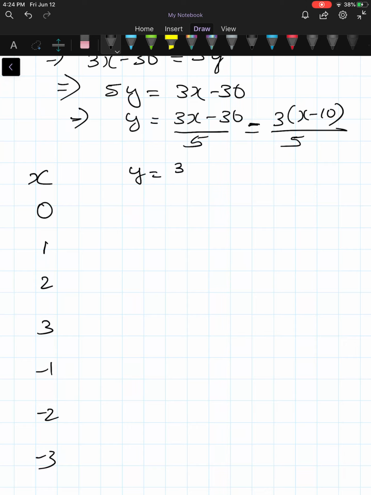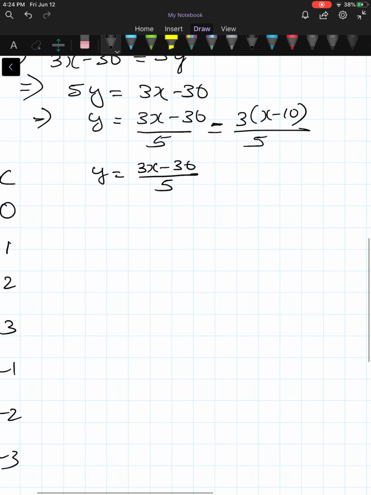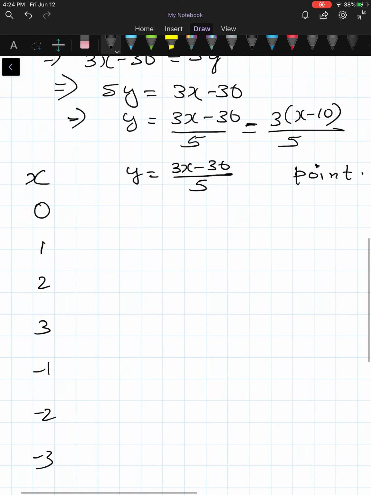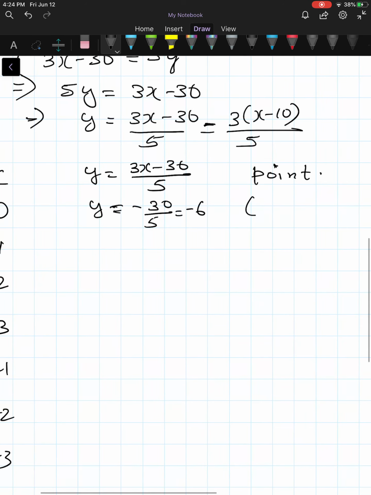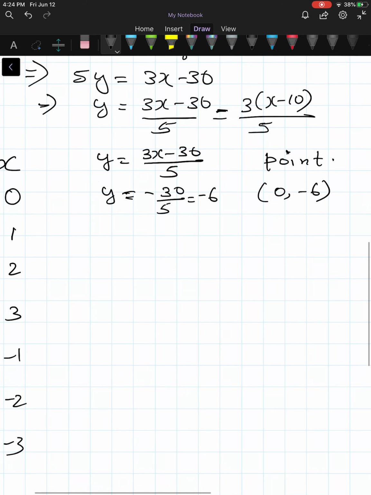So y is nothing but (3x minus 30) divided by 5 for us. And what is the point that you get? For x is equal to 0, y would be negative 30 divided by 5, that is nothing but -6. So the point is (0, -6).